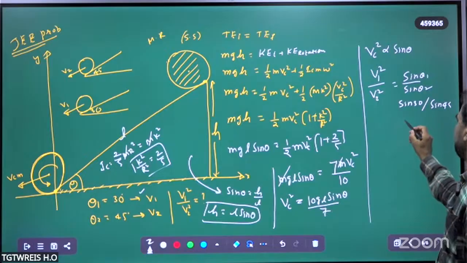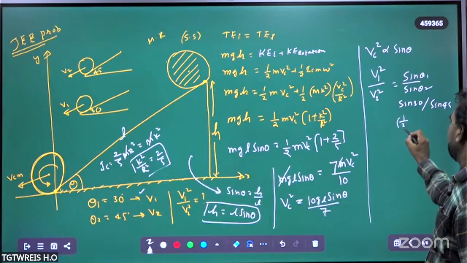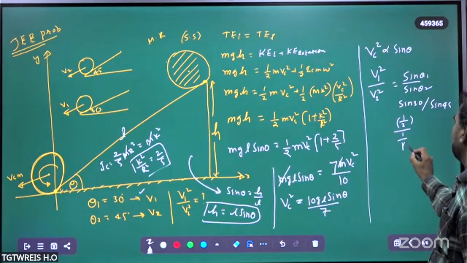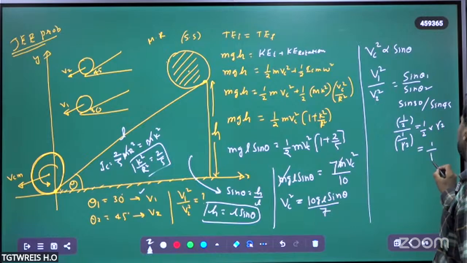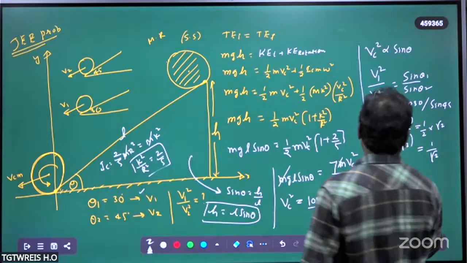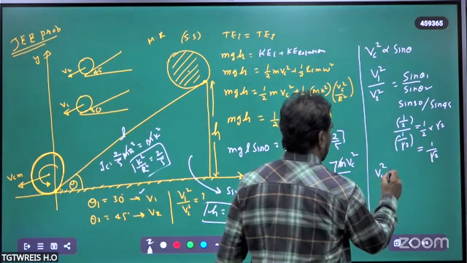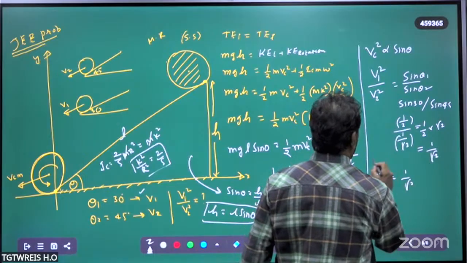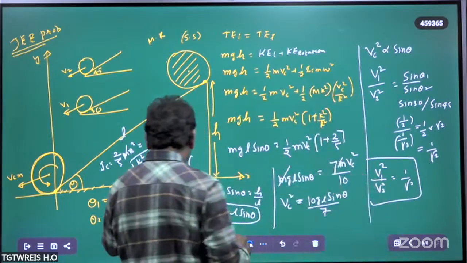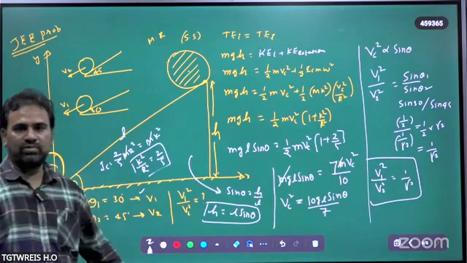What is the value of sin 30? Sin 30 value is 1 by 2 upon 1 by root 2. This becomes 1 by 2 into root 2, that is equal to 1 by root 2. Therefore v1 square upon v2 square is equal to 1 by root 2. The ratio of v1 square upon v2 square is equal to 1 by root 2.